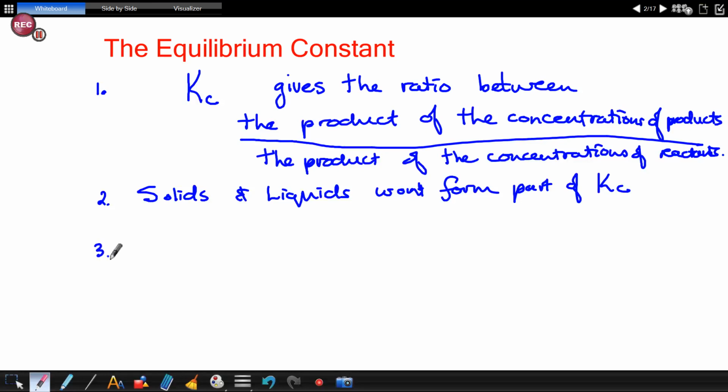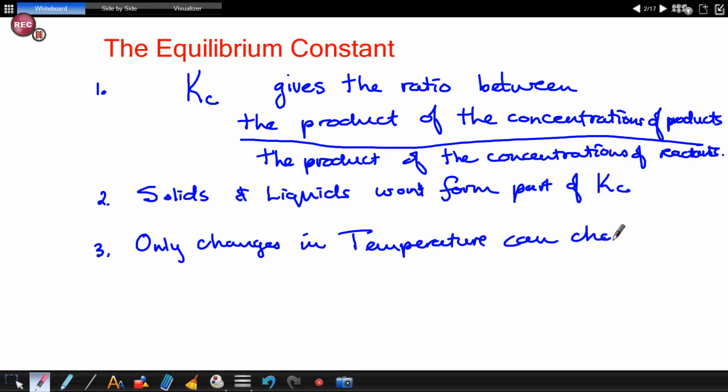And the third thing, only changes in temperature can change Kc values. So no change in pressure, no change in concentration, and no catalyst can change the Kc value.